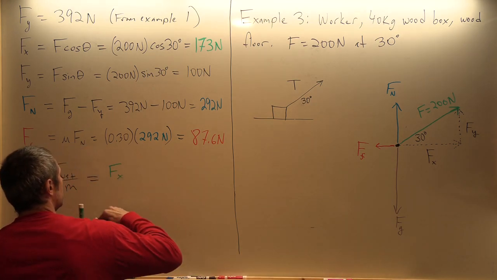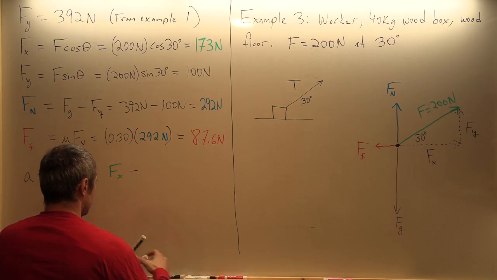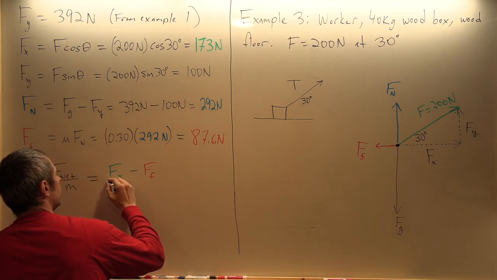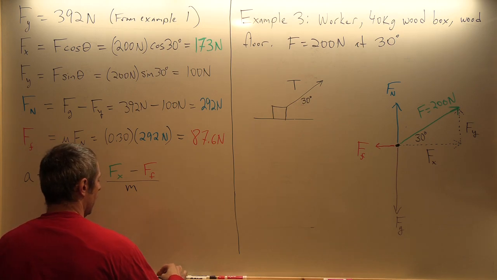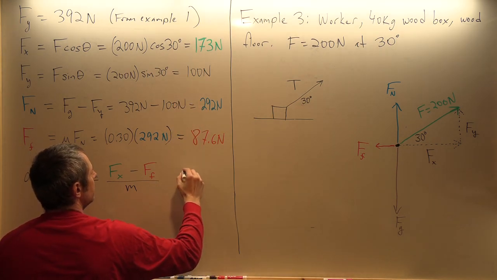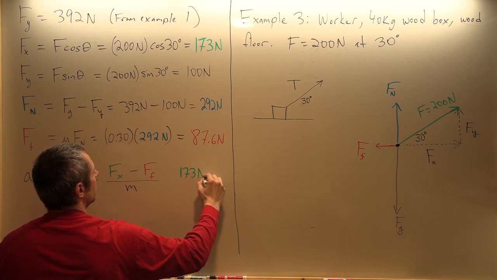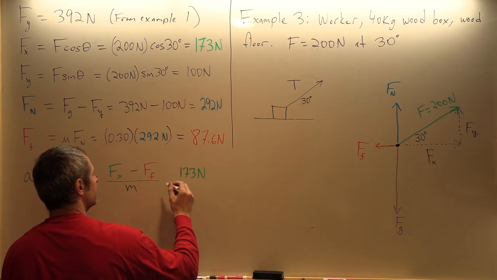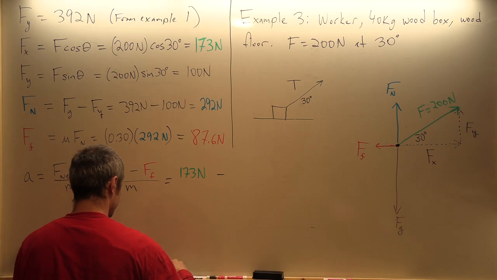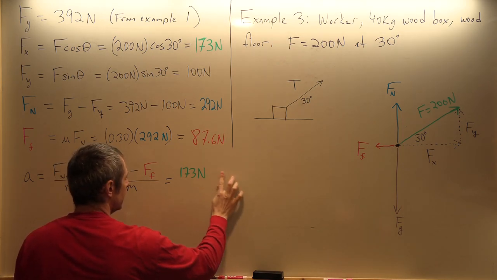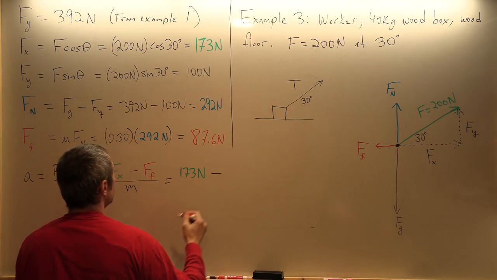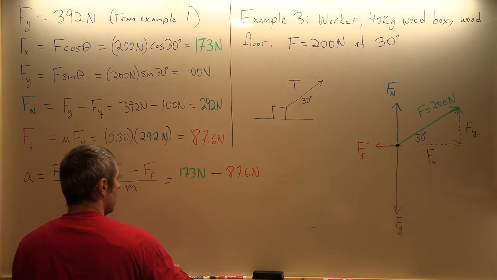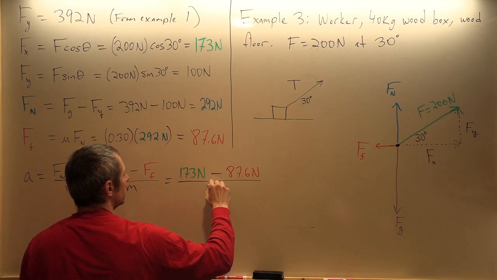Minus force of friction over mass. In other words, the numbers are the 173, minus 87.6 newtons, all over the mass of 40 kilograms.